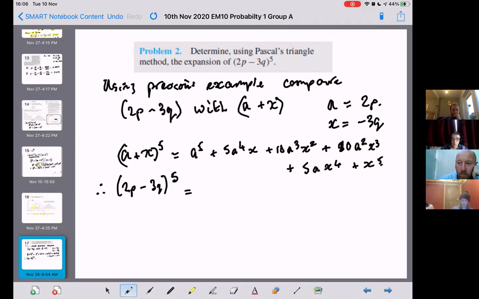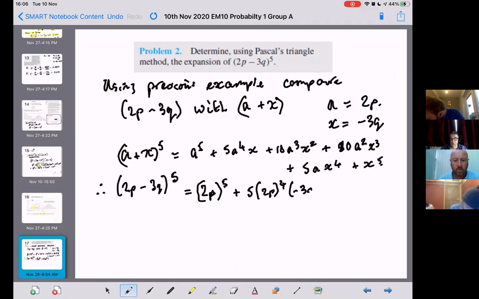So the a to the 5, so we've got to write 2p to the power of 5. That's the first term. And then the second term is 5 times 2p to the 4, so that's 5 a to the 4, times x, which is minus 3q.